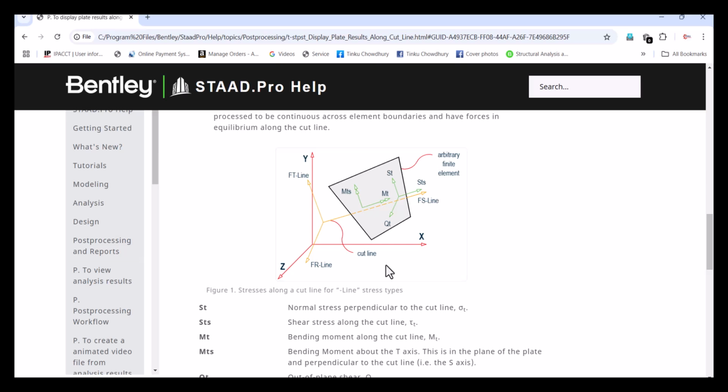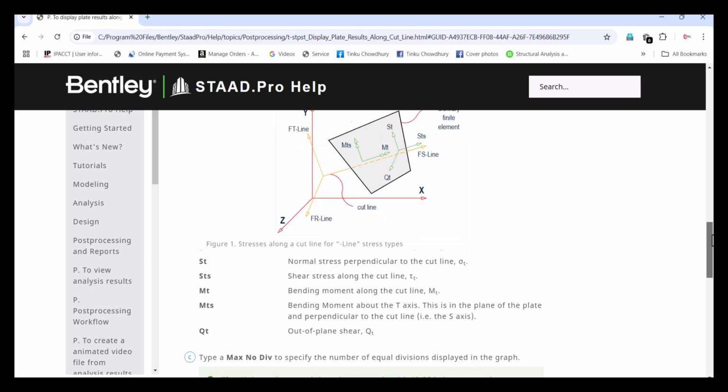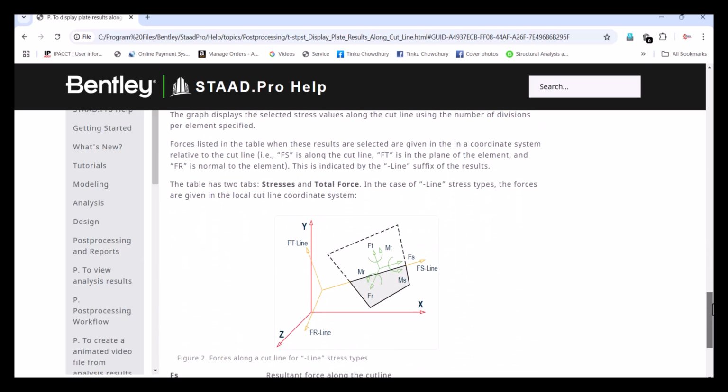You might have seen there are two different tables. One is for stress and one is for force. That is represented by MT, and the other orthogonal direction is represented by MTS. From now on, just follow this notation, and you can find which forces you are going to pull from that table, which are the forces of your interest.